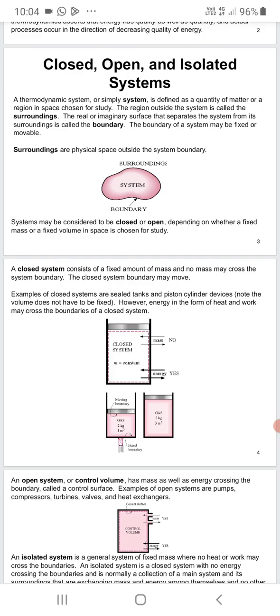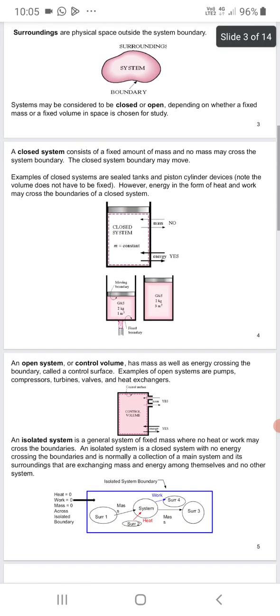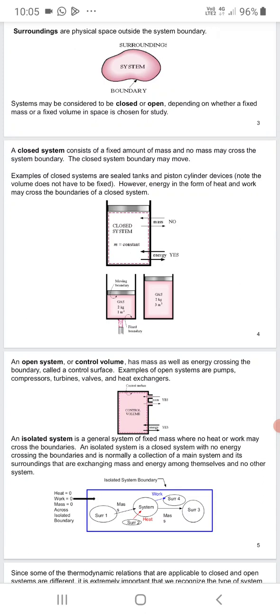In a closed system, we can take a gas filled inside a cylinder. In an open system, we can take a compressor. That is, by pressurizing the air, the high pressure air will be coming out. It is an open system. For an isolated system, we can take a flask, where there is no intervention of heat supply or mass movement.